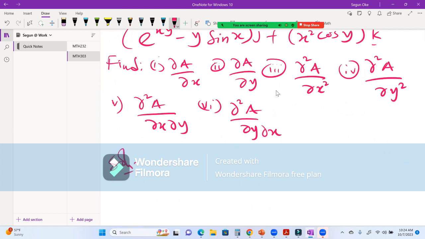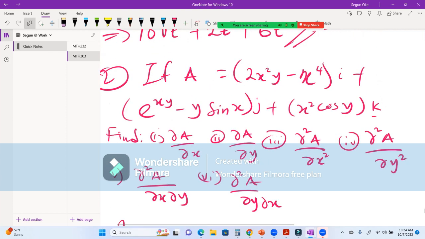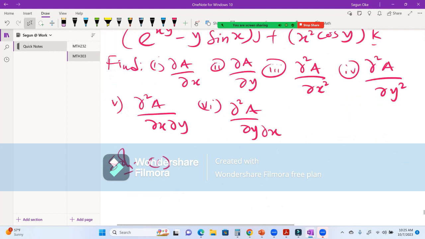Solution. For us to solve number 1 now, we know our A. This is partial derivative, because it contains x, it contains y. So you have to be careful when you are solving it. When you want to solve the exponential, let me quickly hint you, exponential xy, how do we solve this one?